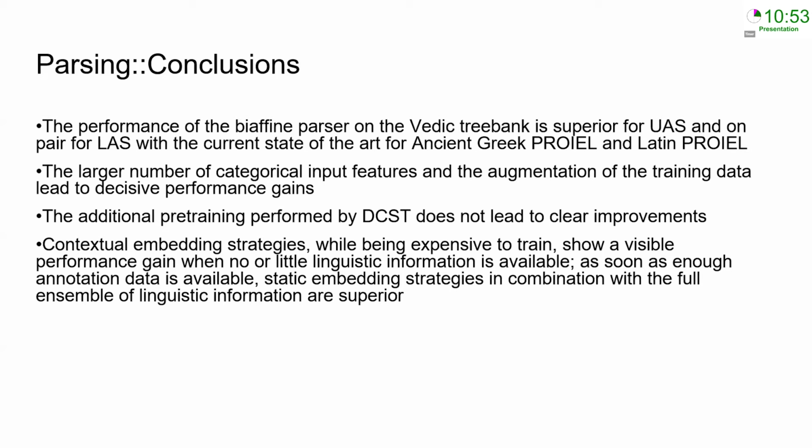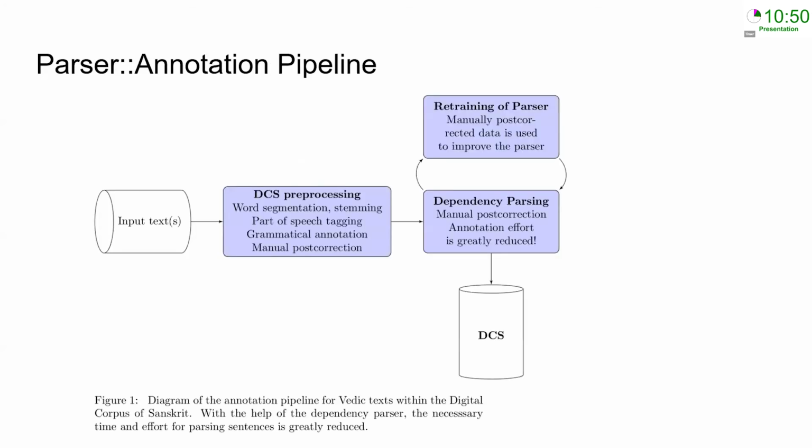And next slide. Just to show you the annotation pipeline that we came up with. First we have the input text, and this is then pre-processed by the tools available in the DCS, for example word segmentation, stemming, part of speech tagging, grammatical annotation.